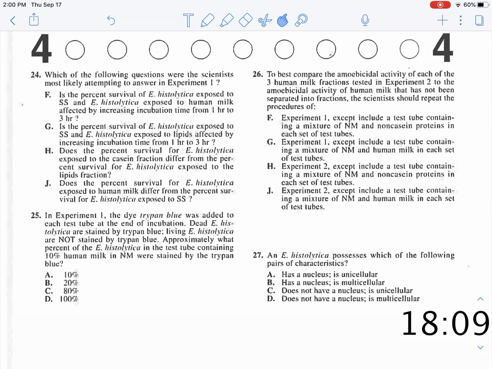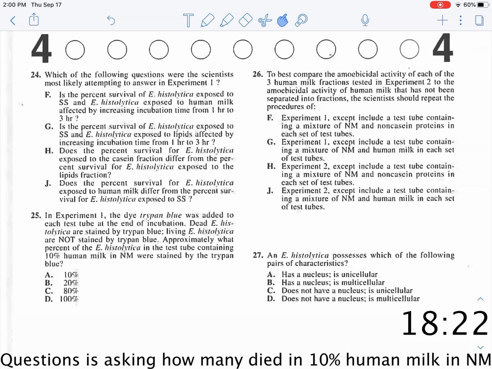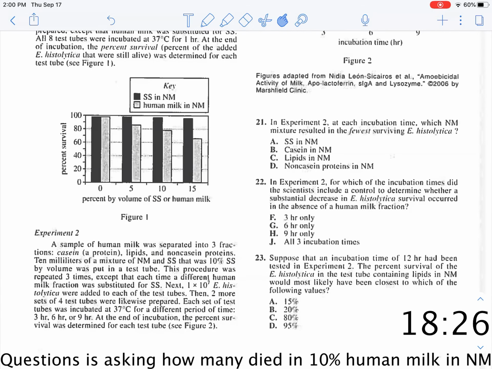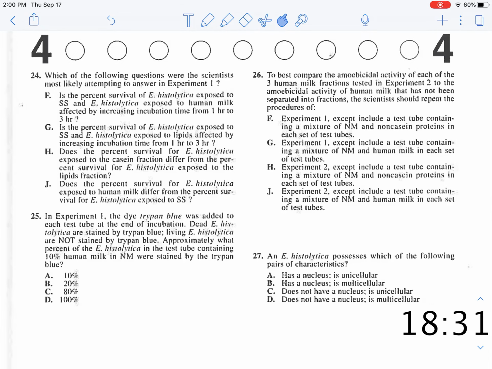The dye trypan blue was added to each test tube. Dead or stained, living or not. Approximately what percent were stained? 10% human milk. Man, that is such a weird experiment. 21%, 20%, sure. B.